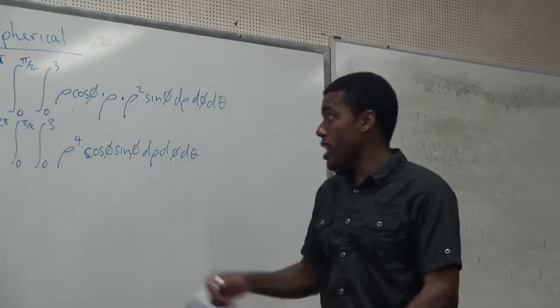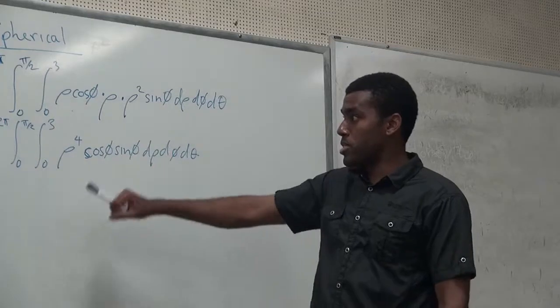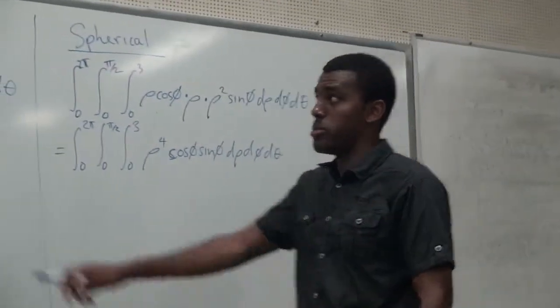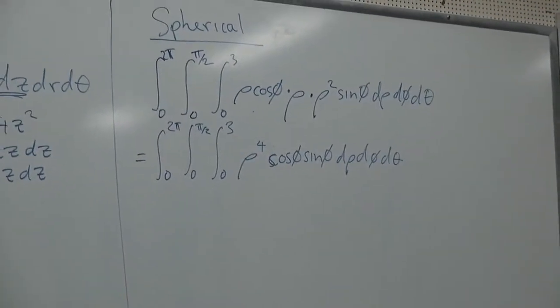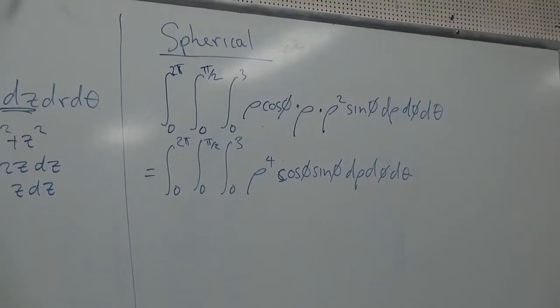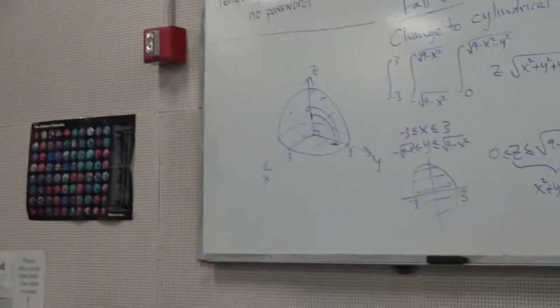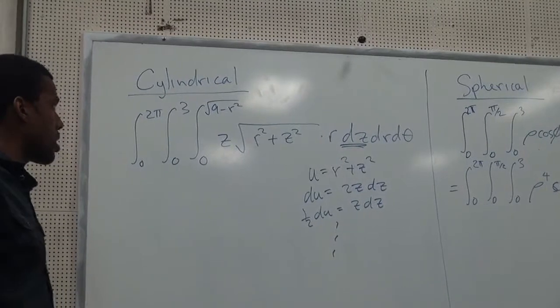And personally, I would have evaluated this one for part B. I spare myself some nasty u substitutions, a lot of potential mistakes in it. Although after the first substitution, I think you'd end up integrating a constant times r.